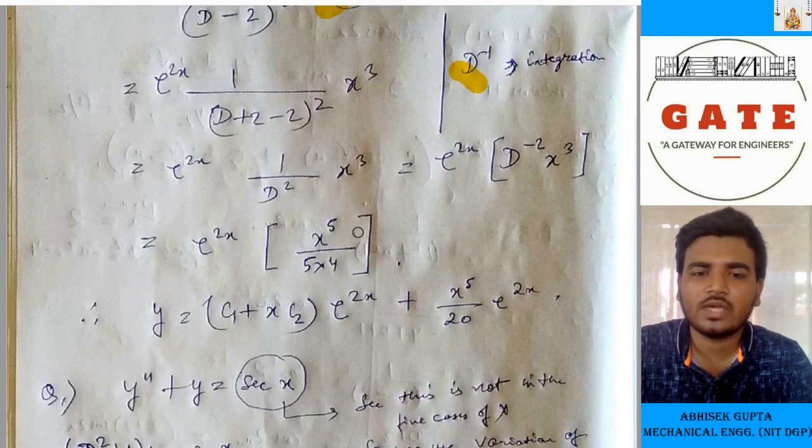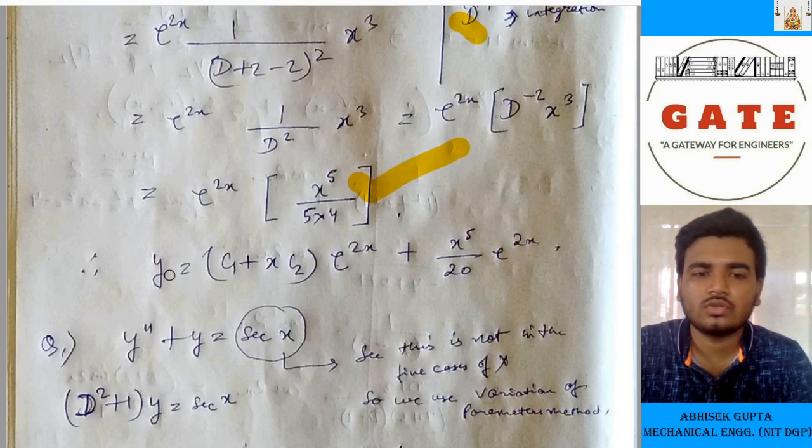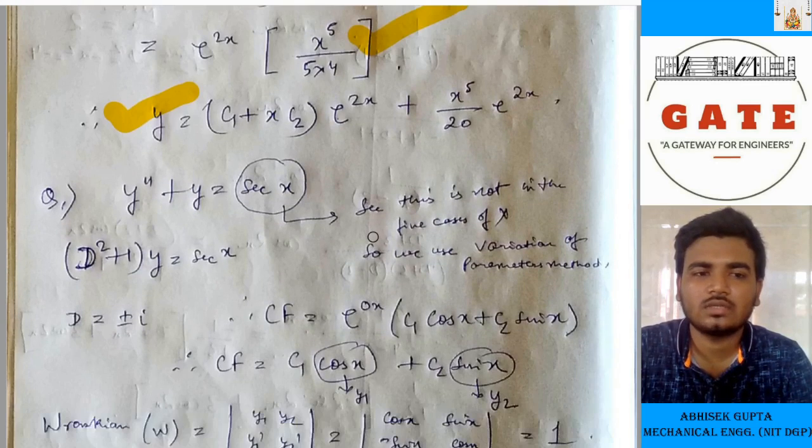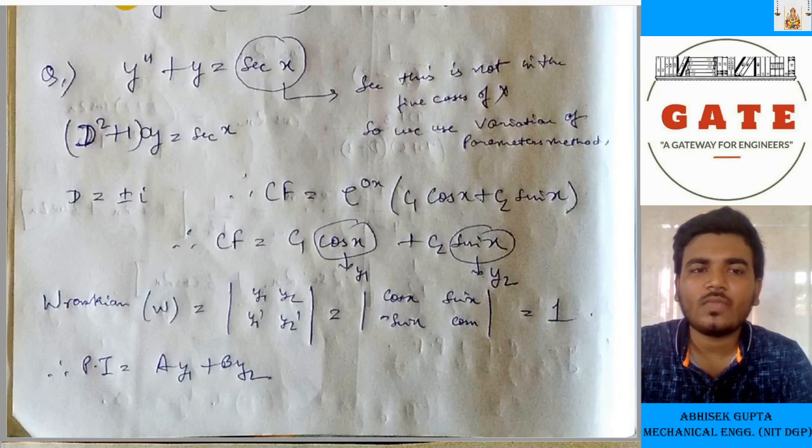After integrating twice x cube, we will get x power 5 upon 5 into 4. So the complete solution is y equal to c1 plus x c2 e power 2x plus x power 5 upon 20 e power 2x. Next question, y double dash plus y equal to sec x.